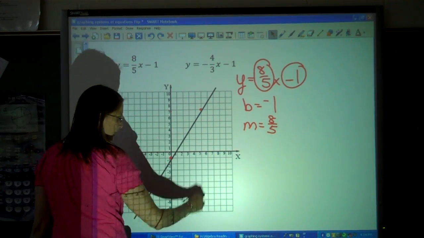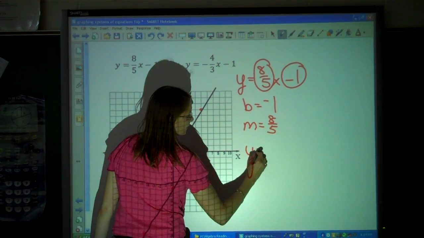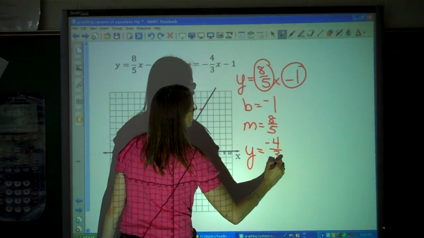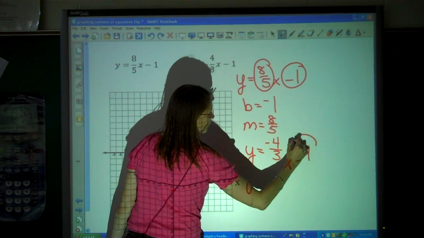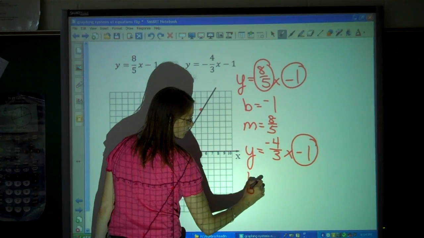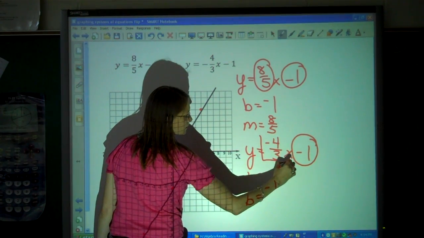So now I'm going to go to my second equation. y equals negative 4/3 x minus 1. Remember, this is my y-intercept, b is negative 1, and this is my slope.